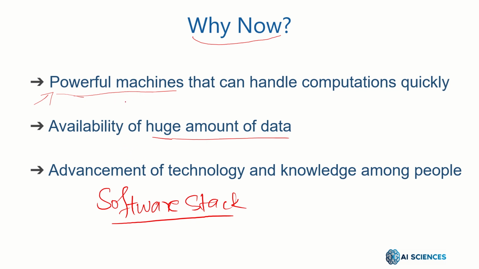So let's dive in to see what machine learning actually is and how it utilizes data to build prediction systems, the models that are capable of predicting what can happen in the future.